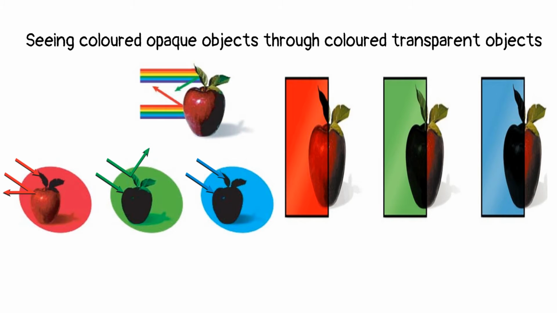Also, by changing the green glass sheet with a blue glass sheet, as we see here, what will happen? Again, the red apple absorbs all of the 7 spectrum colors and reflects its own color, and in this case again it's the red light that falls on the blue glass sheet. What will happen to it?